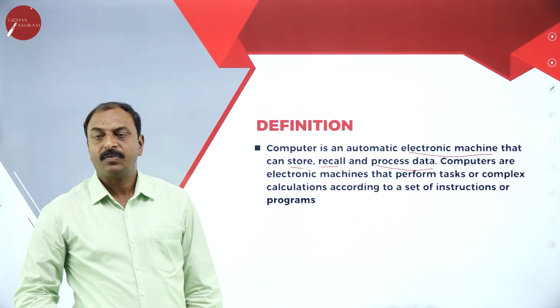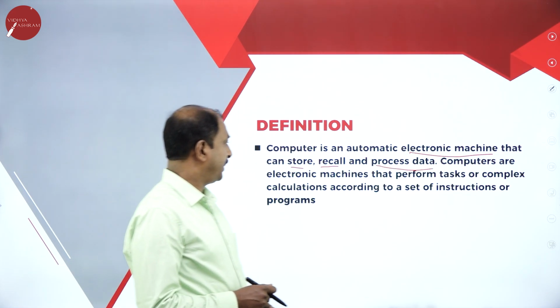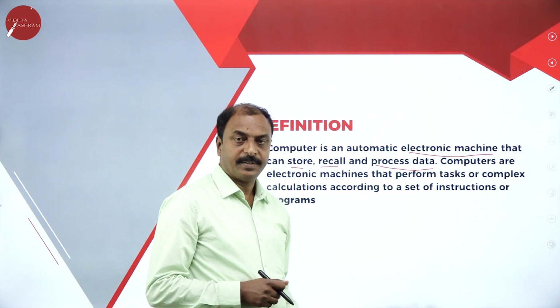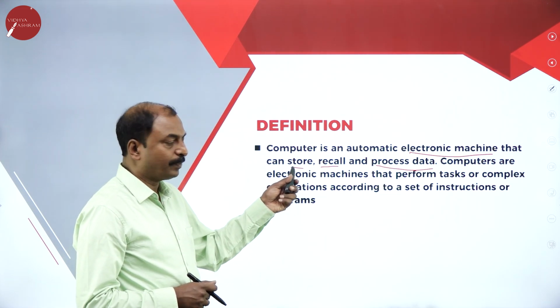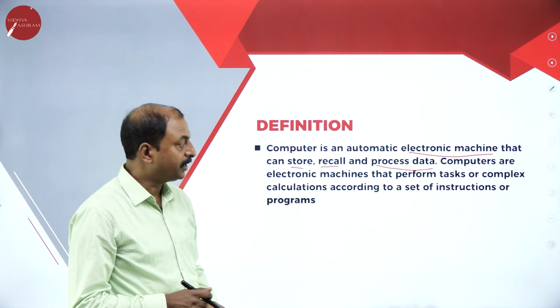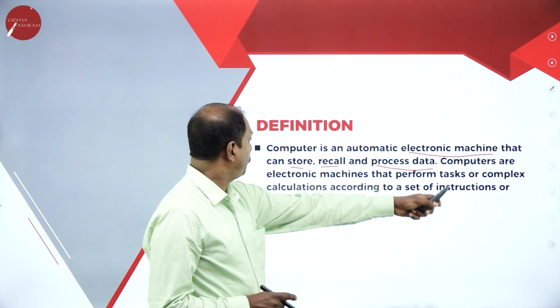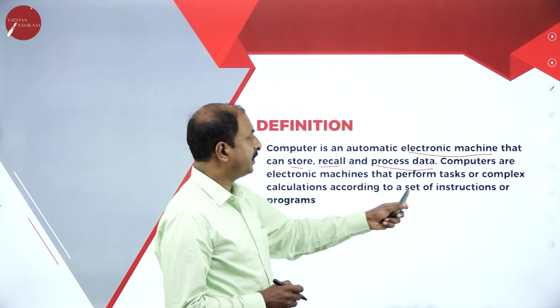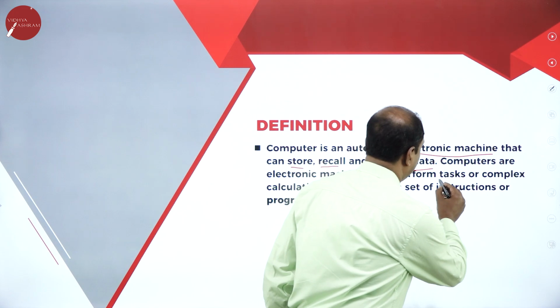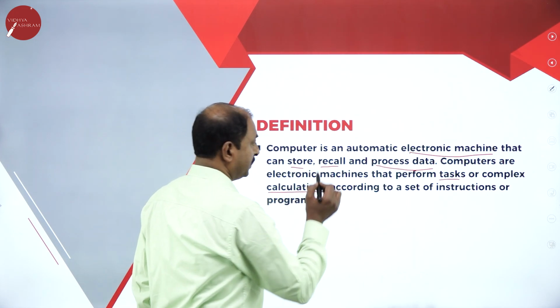So, what is the function of a computer? It processes the data, and it can store the information or data, and we can access those data and information. Computers are electronic machines that perform tasks or complex calculations.